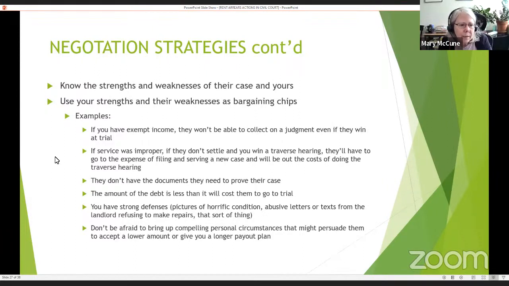Another strength is if service was improper. If they don't settle the case and you win a traverse hearing saying that you weren't served properly, they lose, right? The case ends. They may be able to start a new case, but that's expensive, and they have to go back and explain to their client that they screwed up, they didn't give you the papers right, and that makes them look bad with their clients.